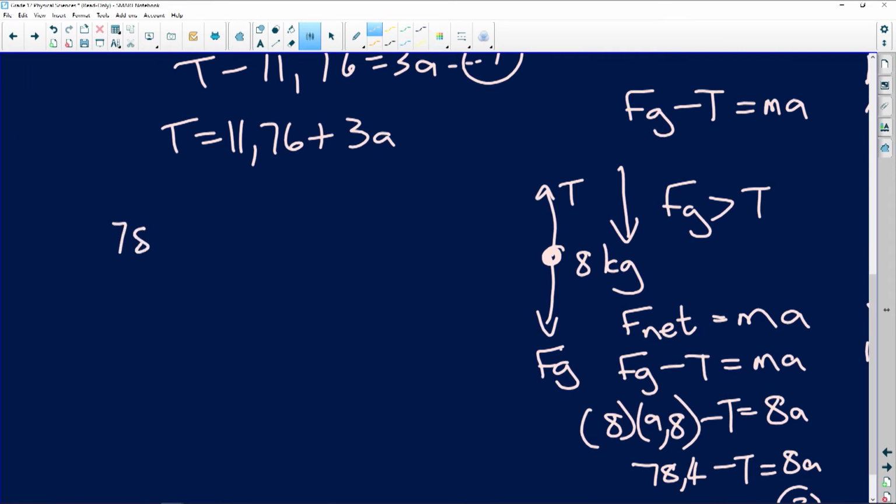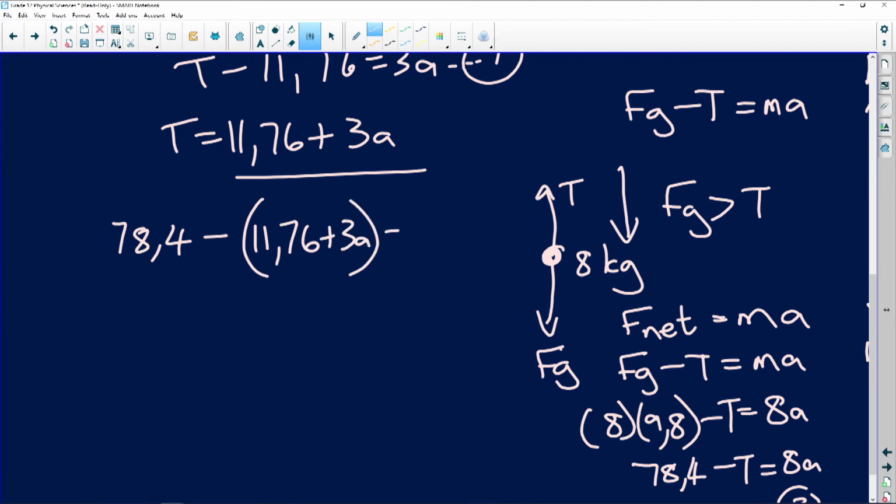So we've got 78,4 minus, so we're going to sub in this whole thing here, 11,76 plus 3a equals 8a. And now it's easy. Now we're going to solve. So 78,4, we're going to take the negative into the bracket, minus 11,76 minus 3a equals 8a.